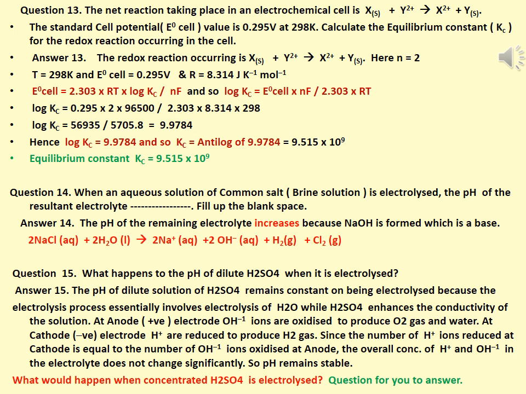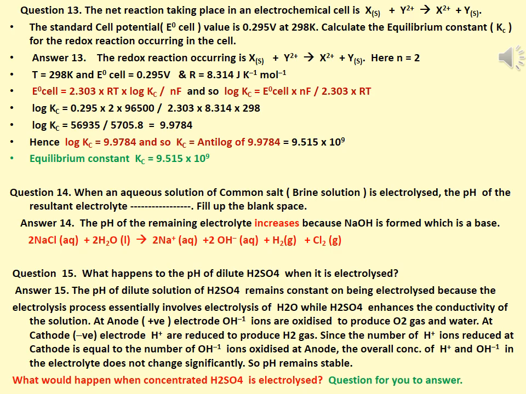If you look at this question, it is a direct application of the formula E naught cell is equal to 2.303 RT log Kc by NF. In this case, we just need to know what is N, the number of electrons involved in the redox reaction.